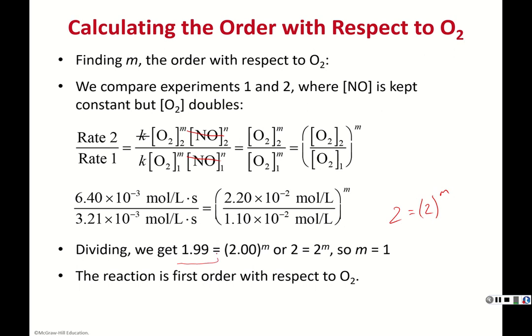If you do those numbers, you don't get exactly 2, you get 1.99. But in real world situations, it's not always going to be perfect. So you can see that it's very close to 2, so you would round up.